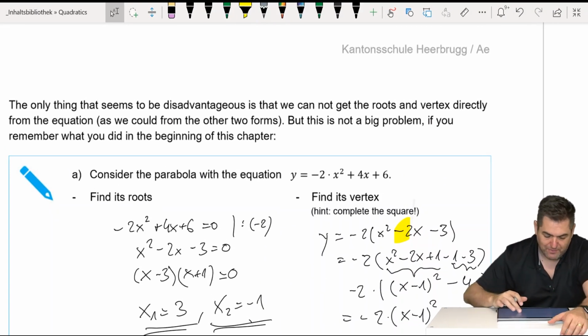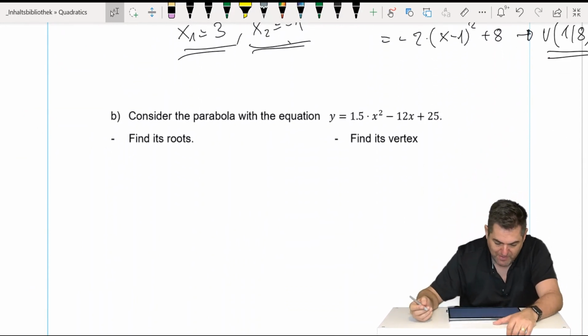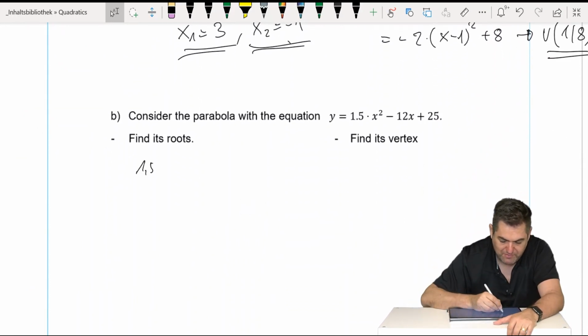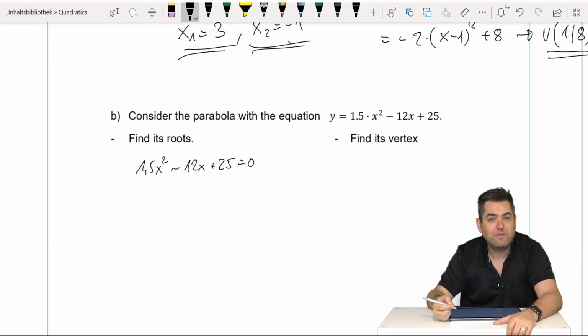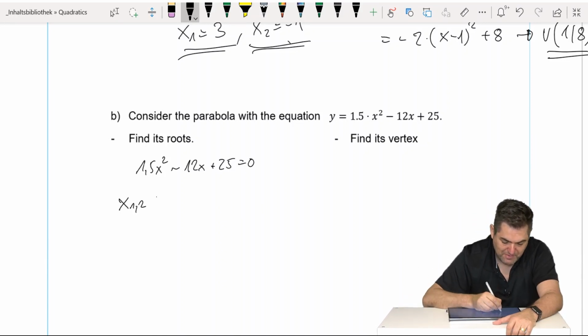Okay, let's do another example here. So this is the new parabola. Again, to find the roots, I set this equal to 0. This time I'll use the midnight formula just as a repetition.